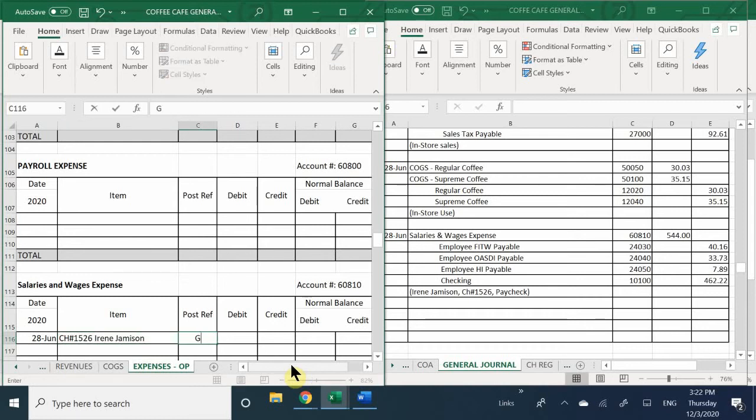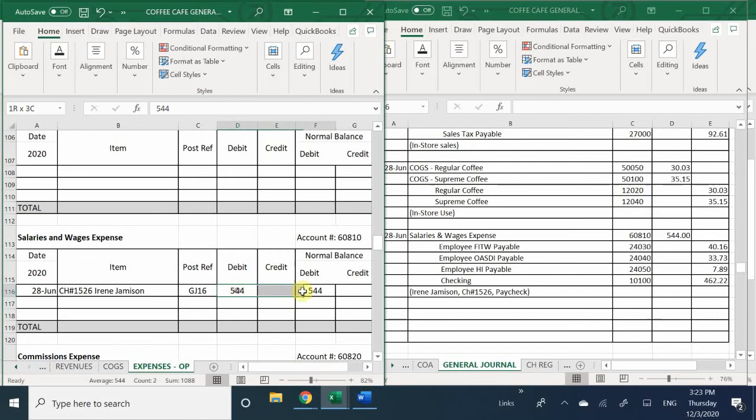This was General Journal 16 still. And this is going to go under our debit side, the 544. Good. Making our normal balance in the debit side 544 because it's all we have so far.